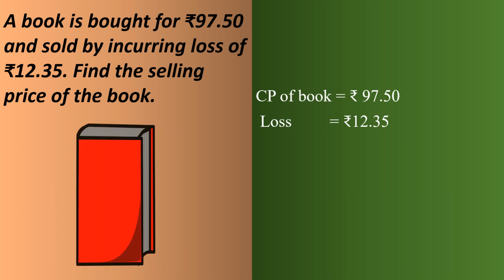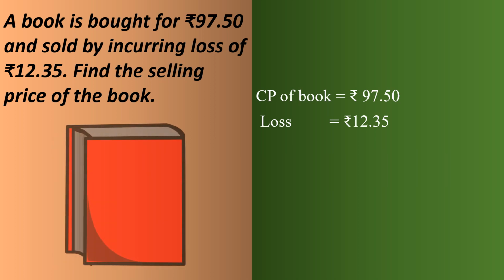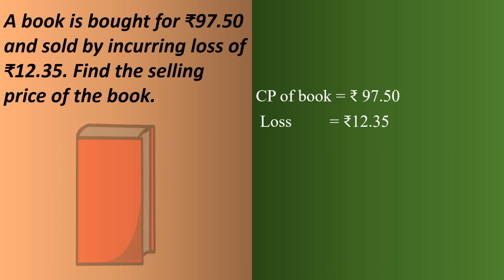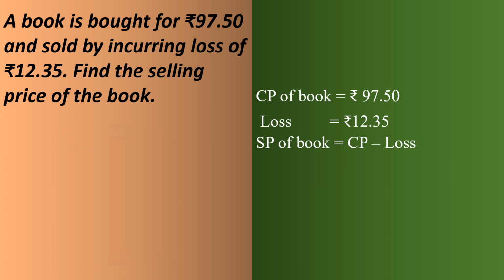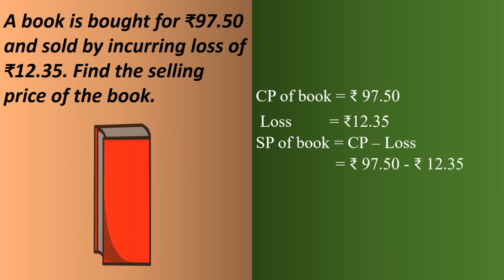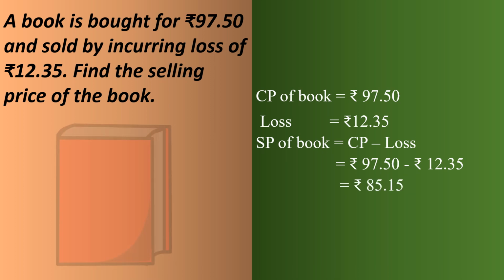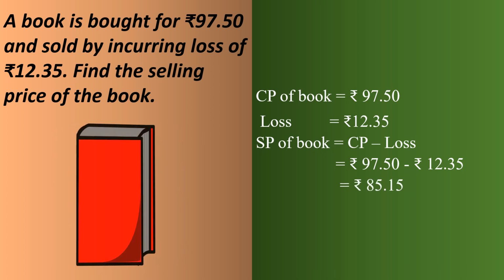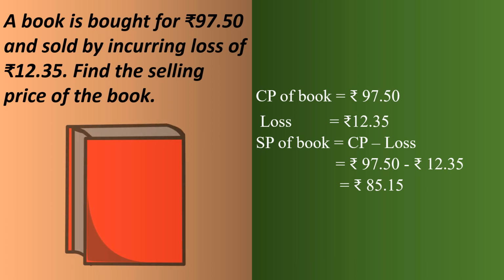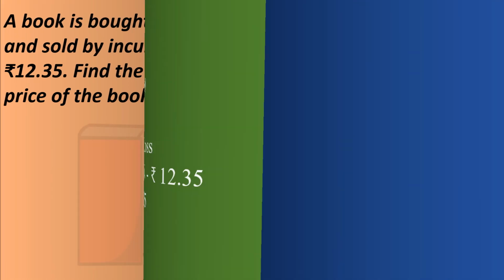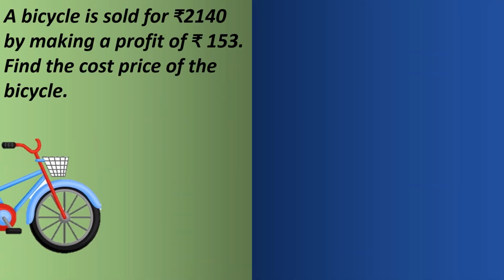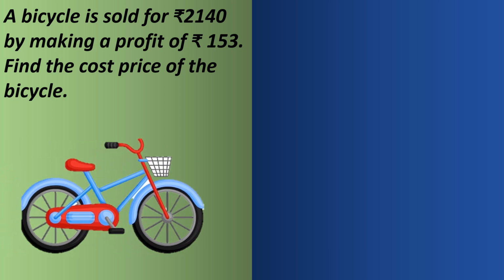So always remember, in case of loss, selling price is less than cost price. It means selling price equals cost price minus loss, that is 97.50 minus rupees 12.35, and selling price is 85.15, right?